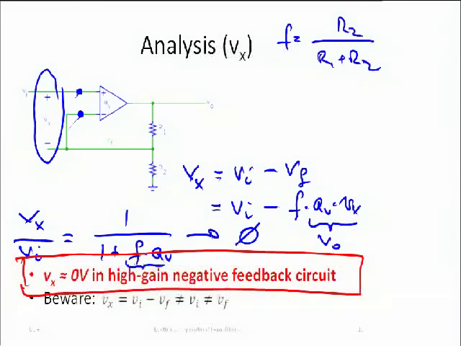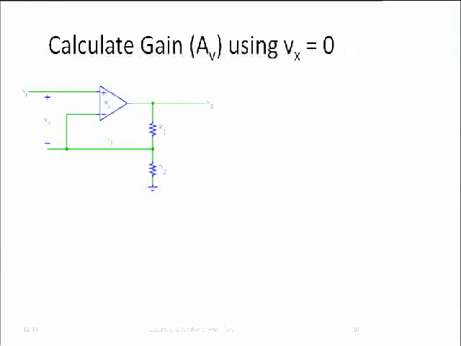In fact, not approximately, it's exactly 0. And we're going to use that over and over again, and our analysis of op-amp circuits is going to get almost trivial if we use this, and it's a laborious chore if we don't.